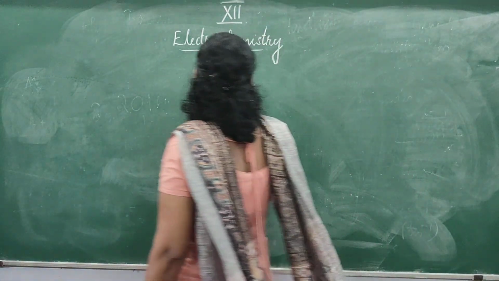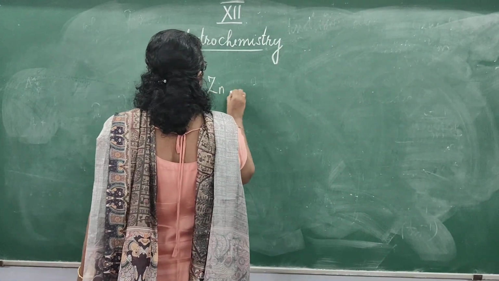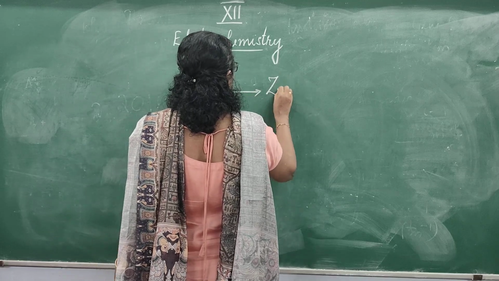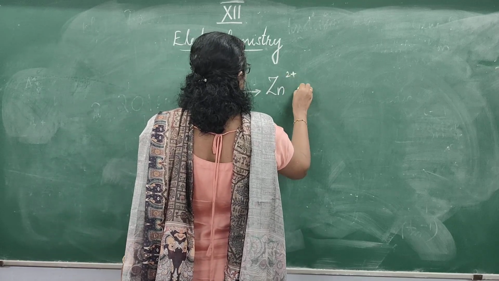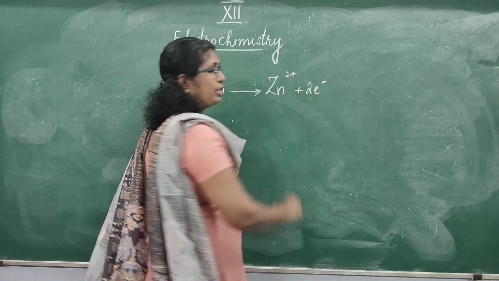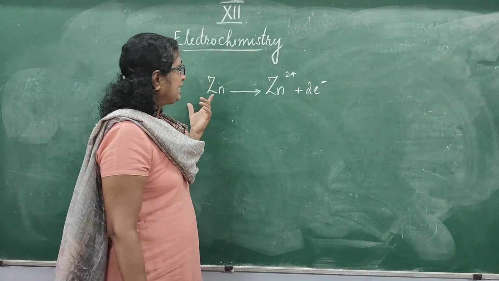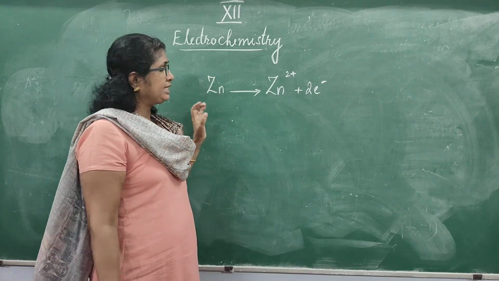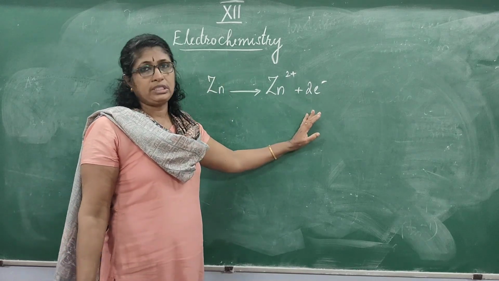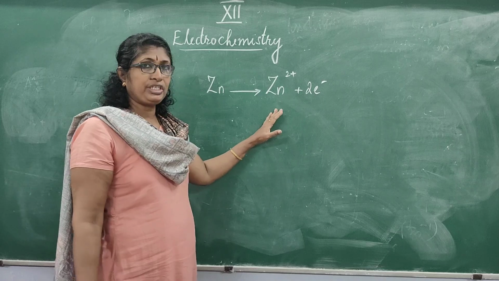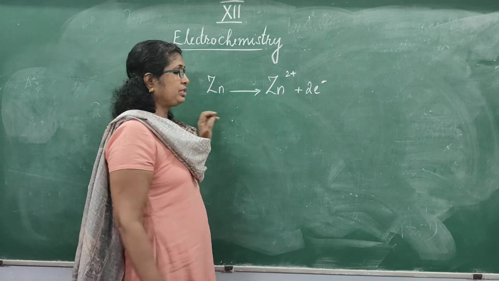For example, when zinc is converted to Zn2+ plus 2 electrons, 2 electrons are removed from the zinc atom, or zinc is losing 2 electrons and zinc is oxidized to zinc ions. So losing of electrons is oxidation.